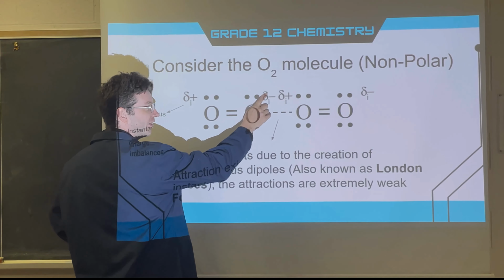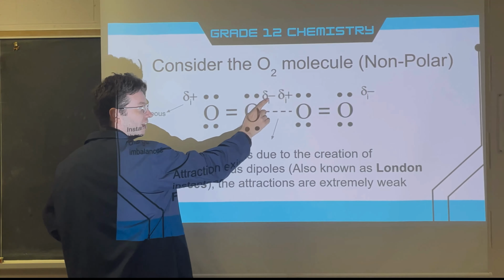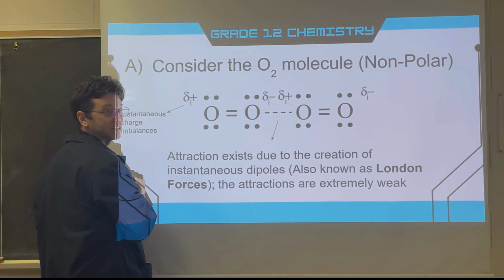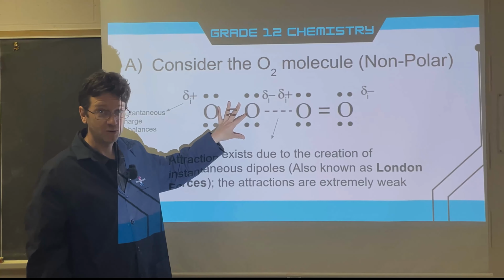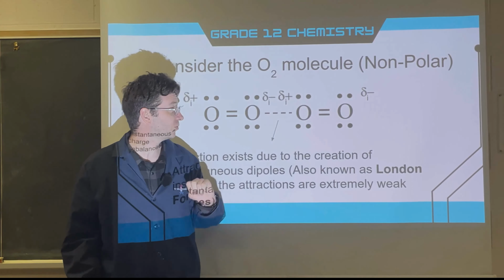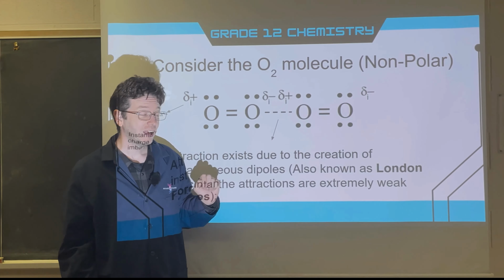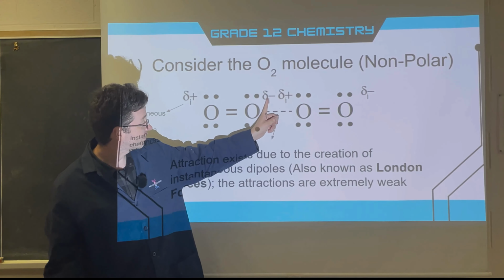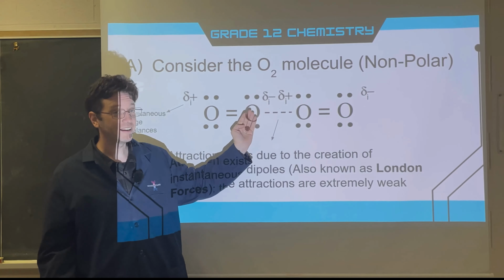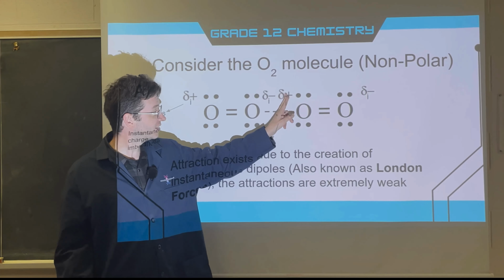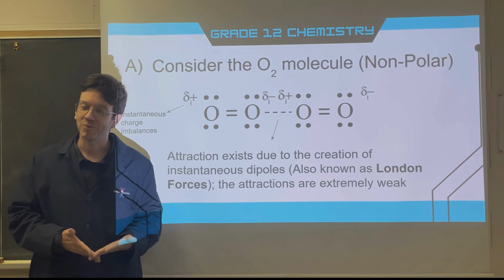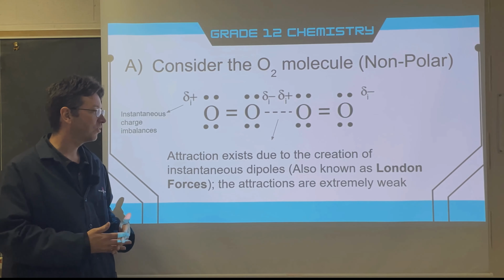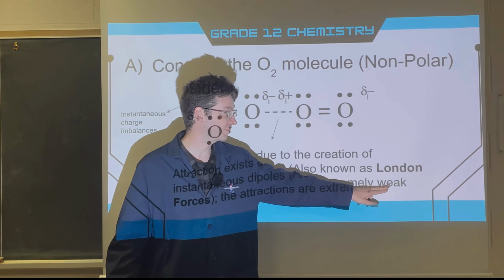So you get a very, very weak negative and positive dipole forming around your molecule. The same thing can happen to another oxygen molecule, and therefore they can align themselves so that the negative side of one molecule is attracted to the positive side of the other. Again, this is very weak, random, instantaneous, and so these forces are extremely weak.